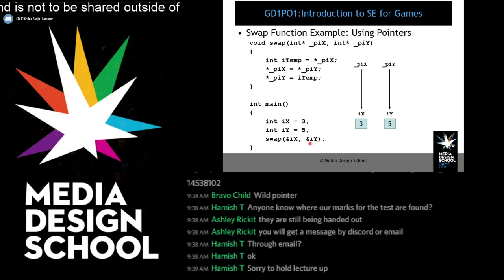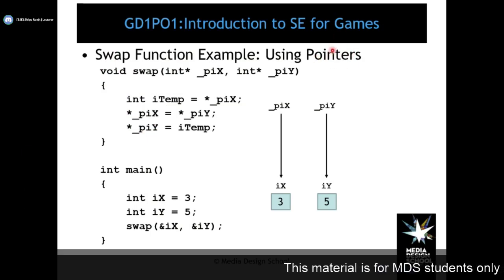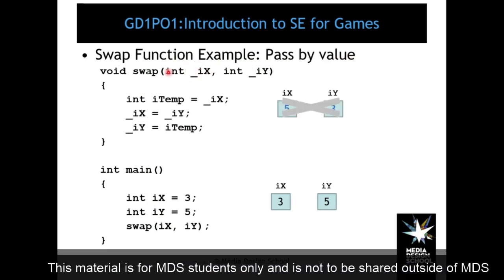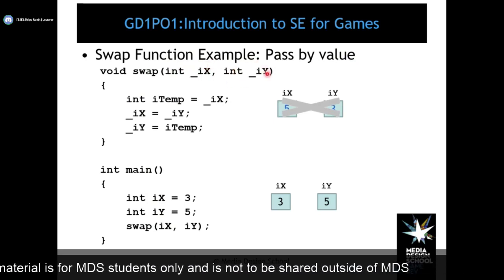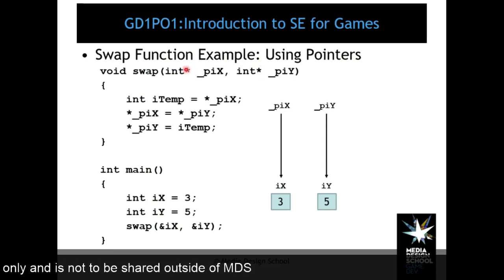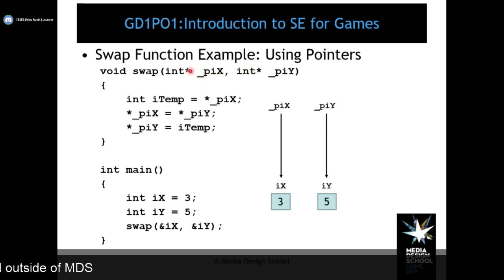All right. And the second method is passing values using pointers. So you can see the difference here. In the previous swap function, it was just normal integer variables as arguments. There's an integer asterisk pix and integer asterisk piy, which clearly shows that these are pointers.